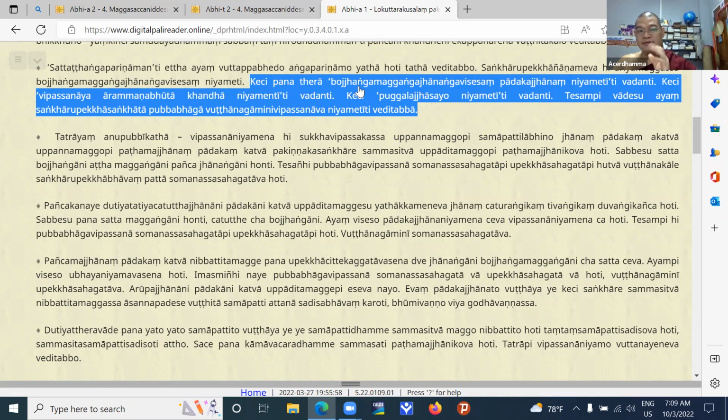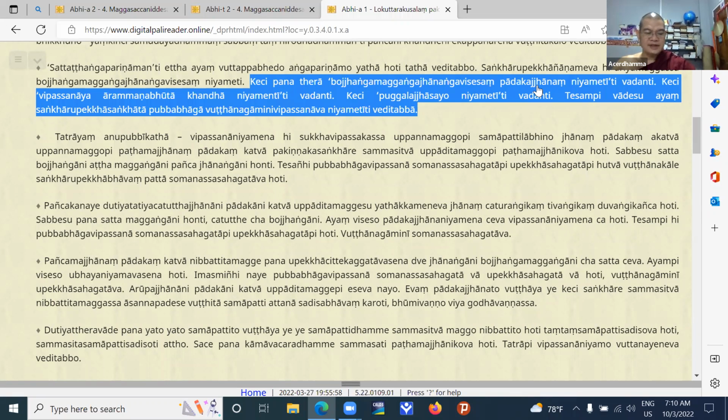The factors of bojjhaṅga, maggaṅga and jhanaṅga of the magga, padaka jhana will decide how many factors will be together with the magga.